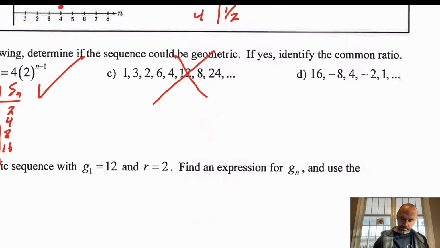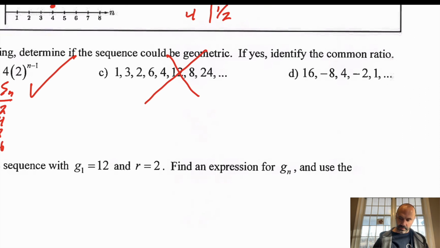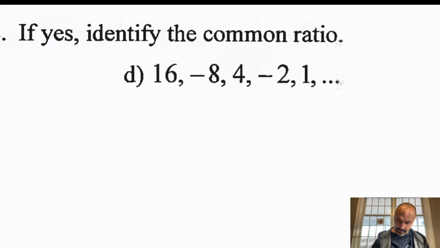Let's check out this one. Initially, this one looks a little bit confusing, with negative, positive. Probably not, but let's be careful because I'm going to write this one out. 1 divided by -2 is -1/2.